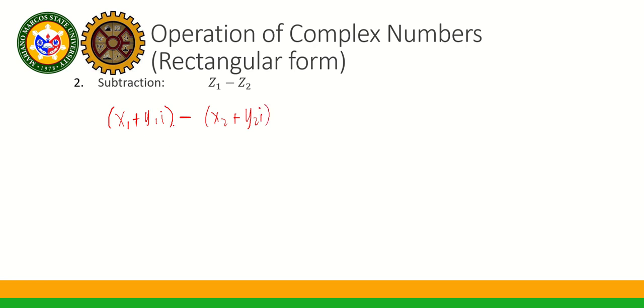Okay? So, ganun din, pagsamahin si real part and then si imaginary part. However, isa-subtract mo siya. So, x sub 1 minus x sub 2 plus y sub 1 minus y sub 2 i. Okay? So, that is how you subtract complex numbers.